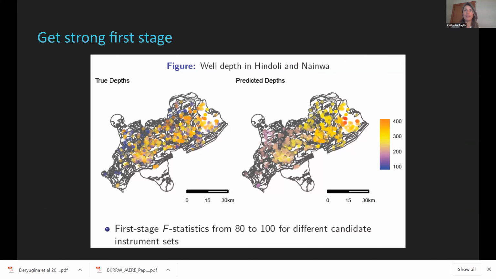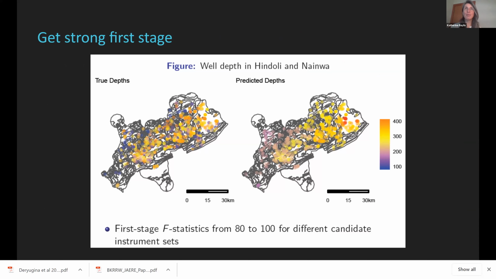And this is what they get. So on the left-hand side are the actual well depths, and the right-hand side is the predicted. They're not getting all of it, in that they're missing some of the deepest wells, or they're saying that they're shallower than they actually are.